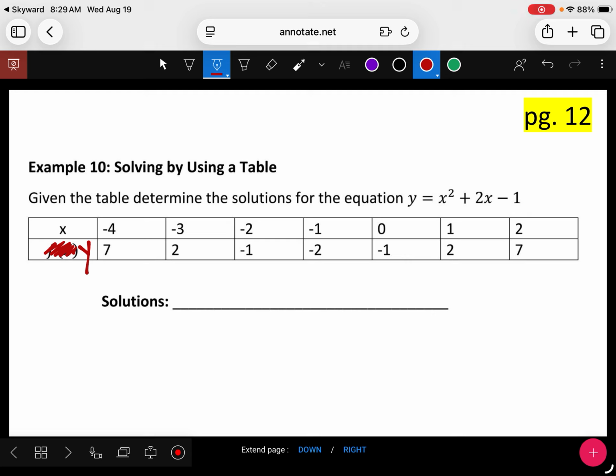Look for your sign change. And then when your sign changes, I want you to look directly above and circle the x values where it changed.